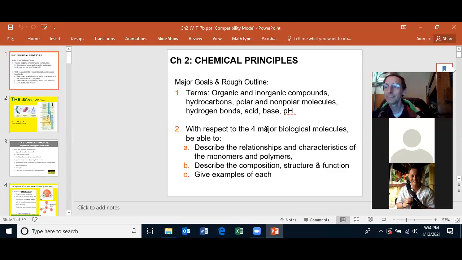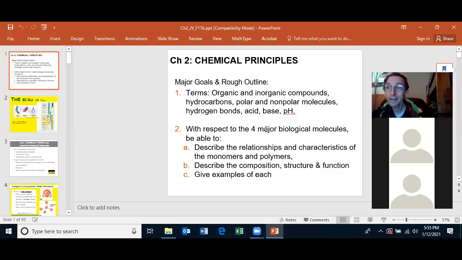Nitrogen, carbon, oxygen, hydrogen. That's a good guess, but no, those aren't biological molecules. Those are elements. Tell me a biological molecule, you'll find it like on a cereal box. What do you find on a cereal box? Lipids, protein.